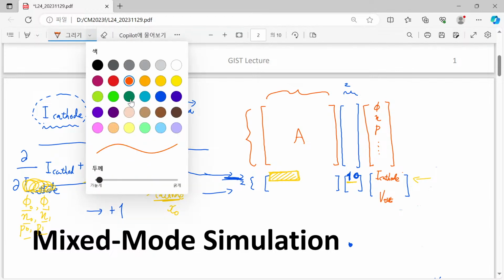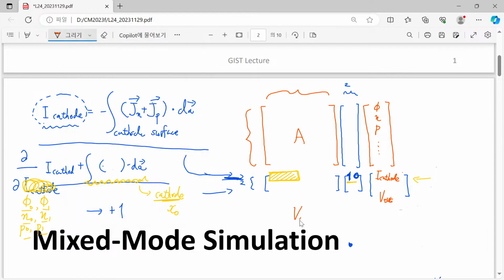V out is just the internal voltage, given by our applied voltage minus the current times the resistor.